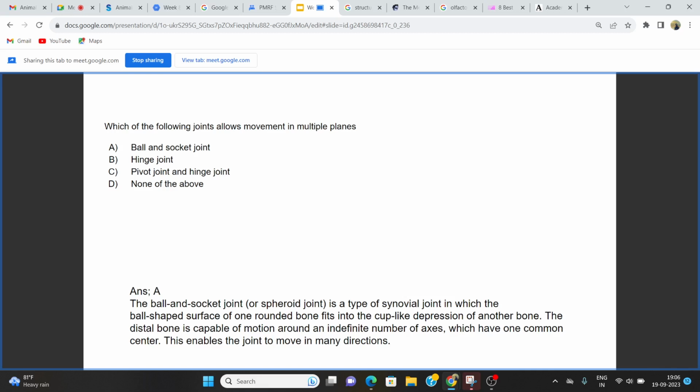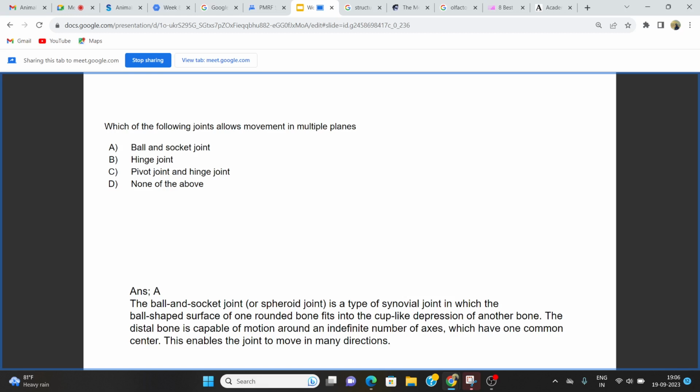Where is this located in our body? The shoulder joint. Knees? Okay. Shoulder. What is this joint called? No, ma'am, ball and socket is the shoulder joint.